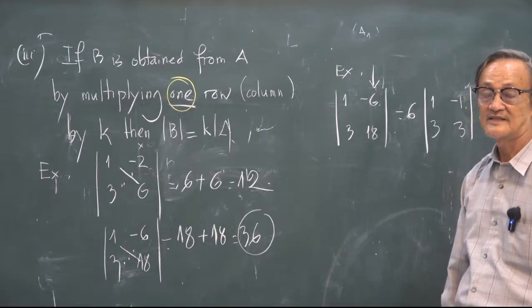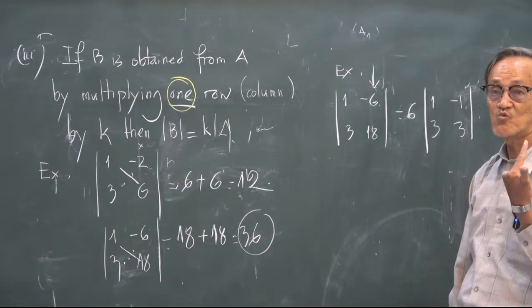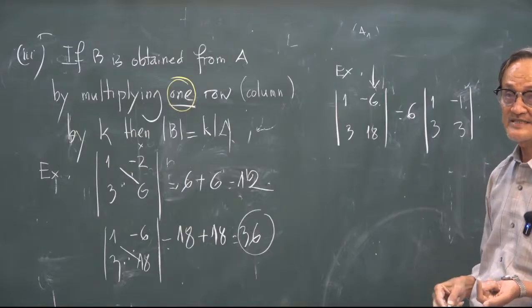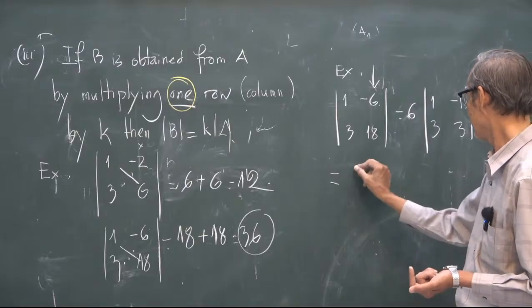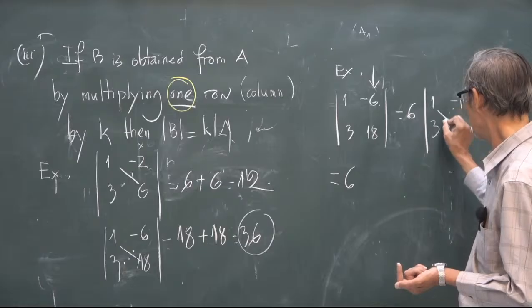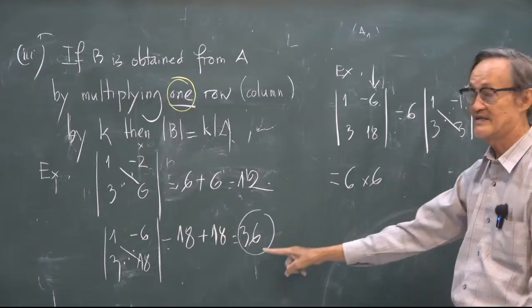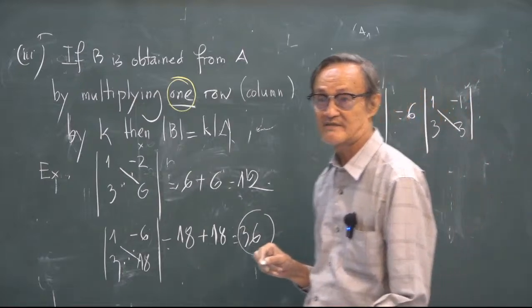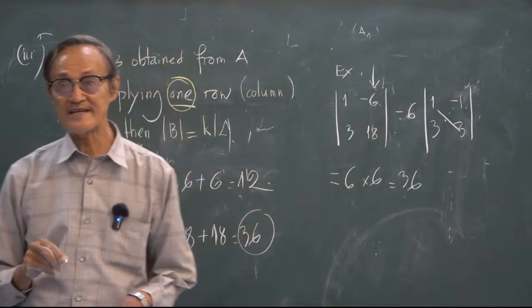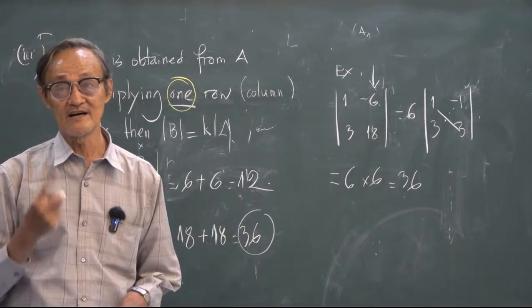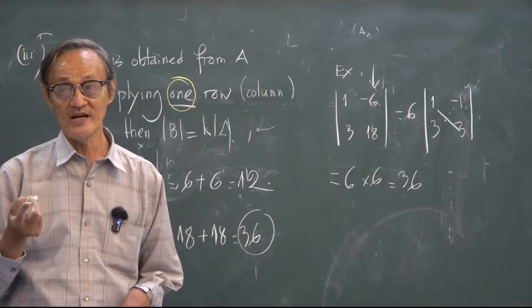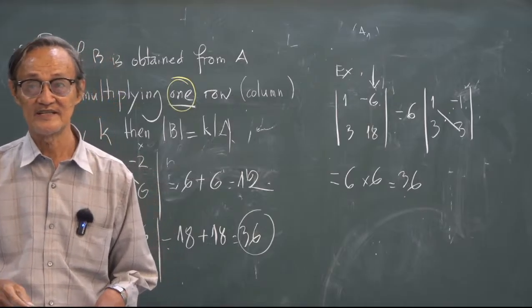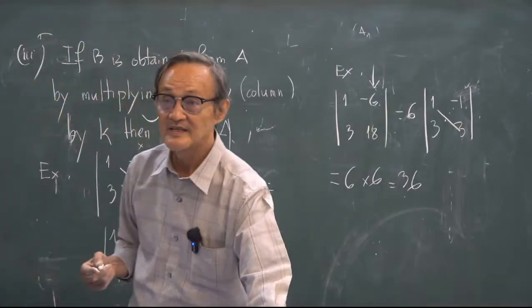Okay. Common factor of one column, not of the entire matrix. And we have 3 plus 3. Okay. For determinants, we check the common factor of one row or one column, not of the entire matrix. One row. Okay.